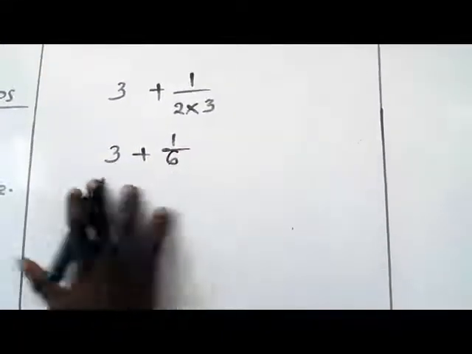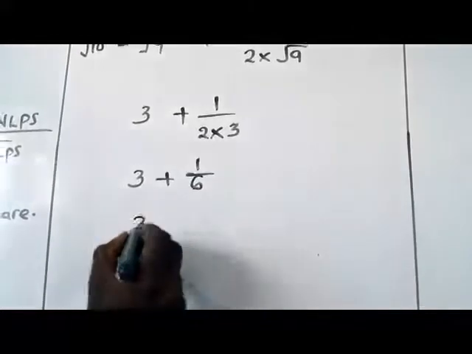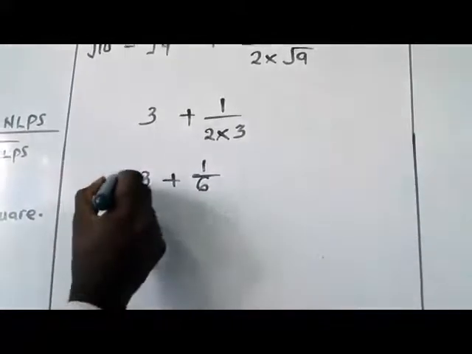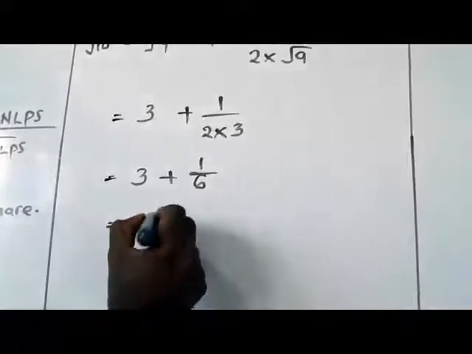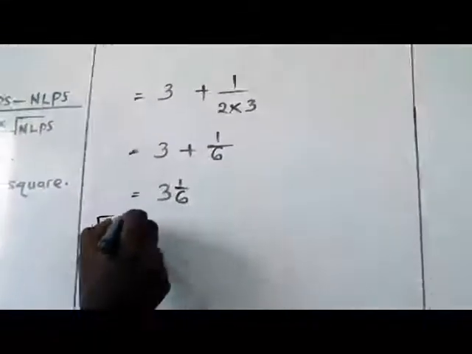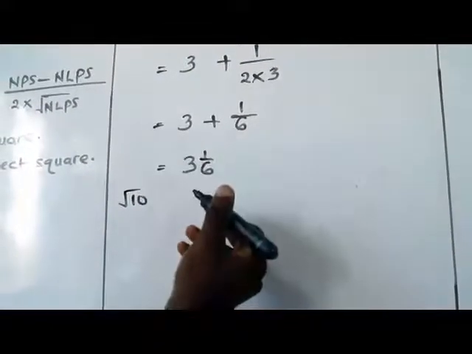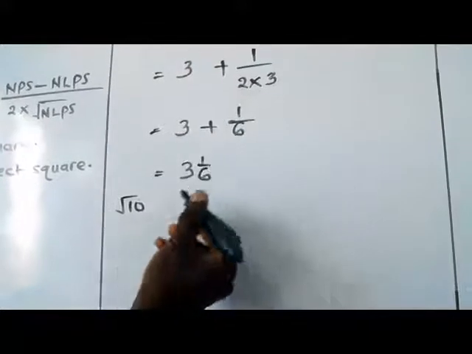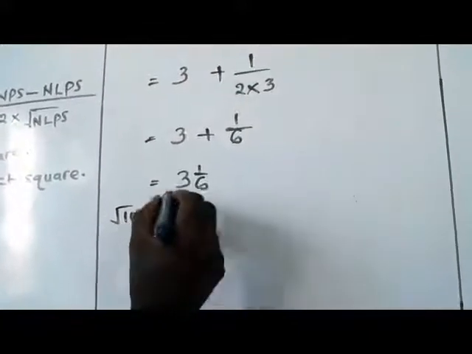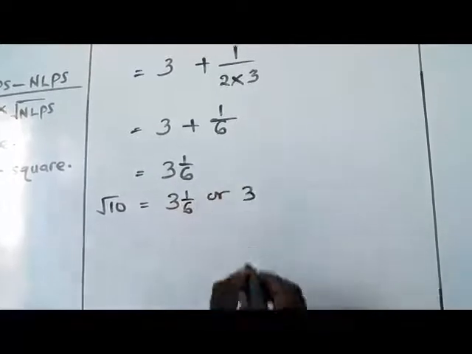Right? Now, this is the same thing as 3 whole number 1 over 6. If you want to write this in decimal, we can change. Sometimes you can leave your answer as a fraction, but I prefer you leave it as a decimal, because if you punch your calculator, it's going to give you the answer in decimal. So this answer will be 3 whole number 1 over 6, or 3 point what?